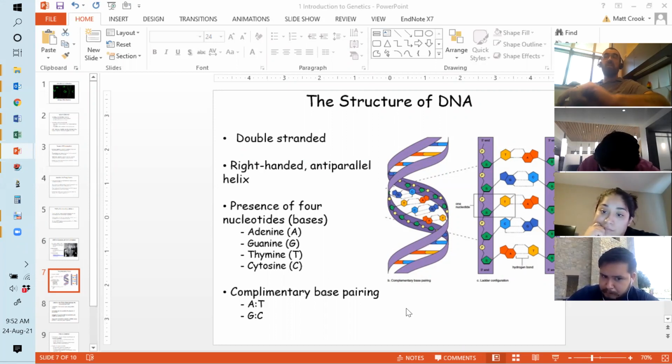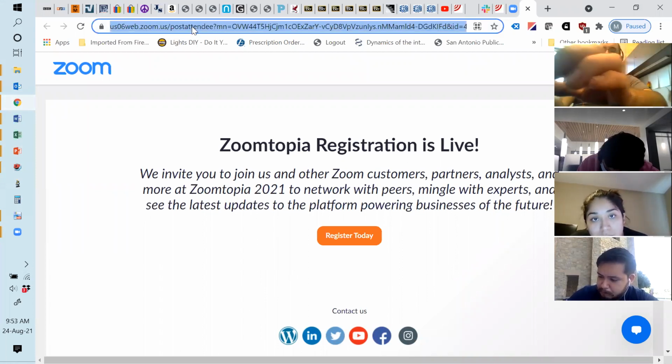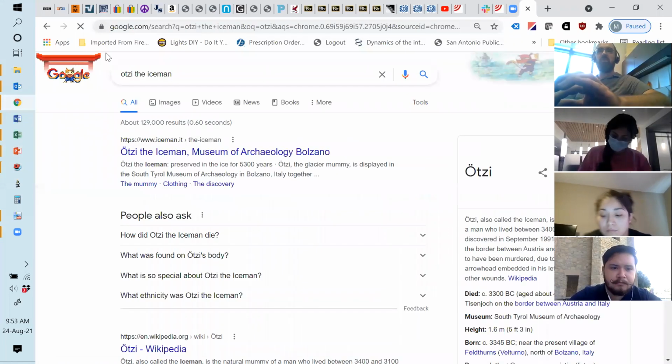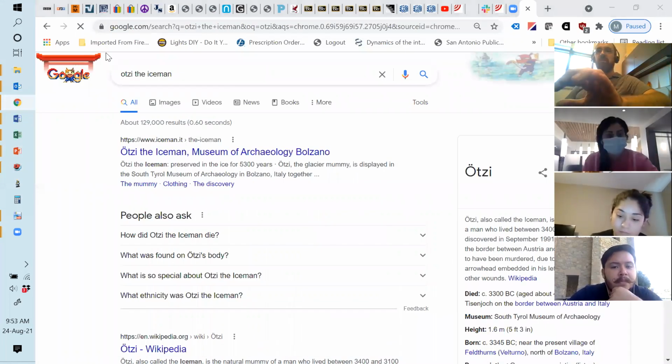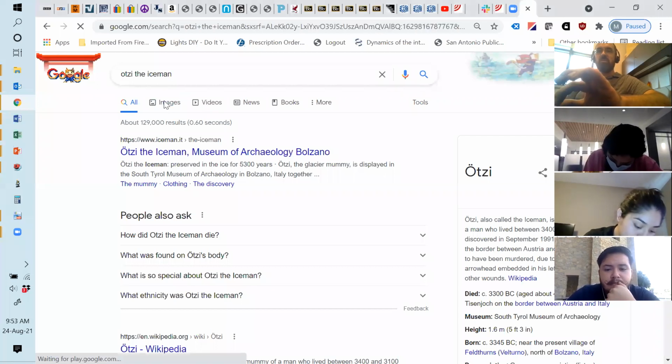DNA is a very stable molecule. This is where I like showing everybody Ötzi the Iceman, which is super, super neat.